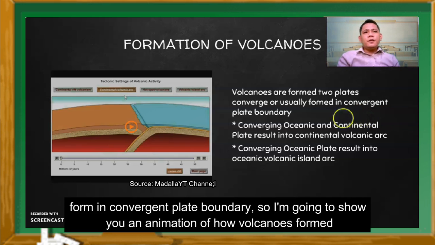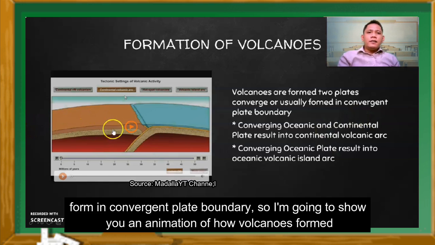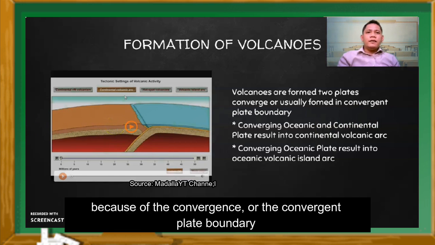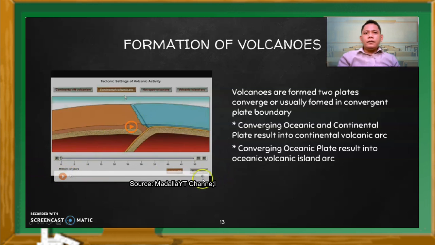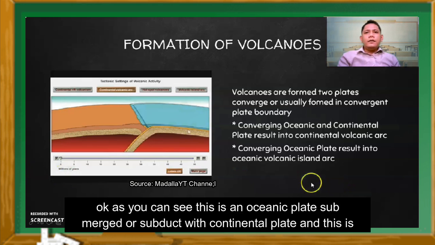So I'm going to show you an animation on how volcanoes are formed because of the convergence, or the convergent plate boundary. Alright, so as you can see here, this is an oceanic plate subducting under a continental plate.